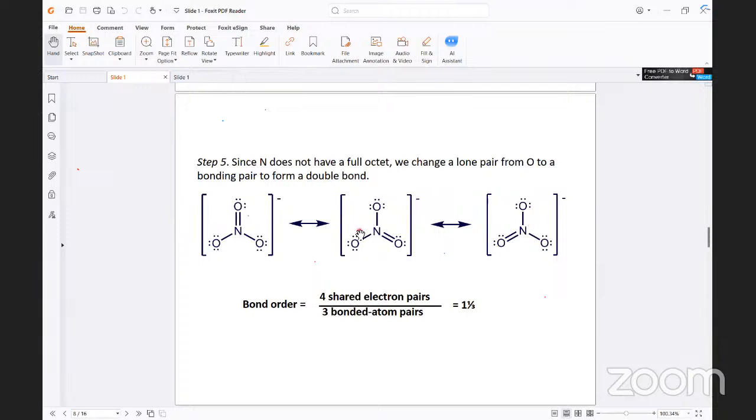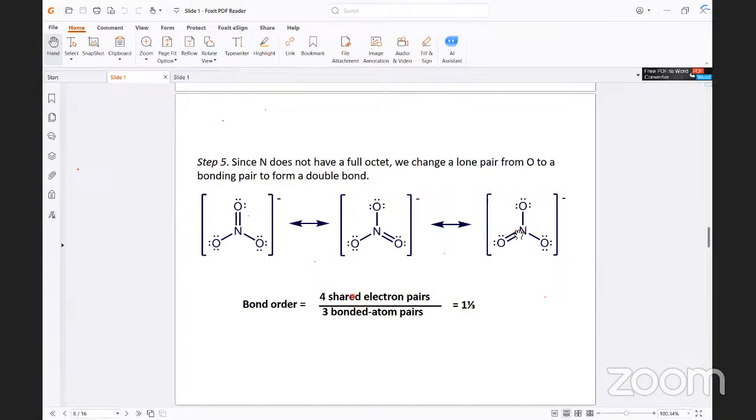Now, when you have this kind of resonating structure, you have to look at its bond order. For you to know the bond order, you have four electron pairs, bonding pairs: 1, 2, 3, 4.